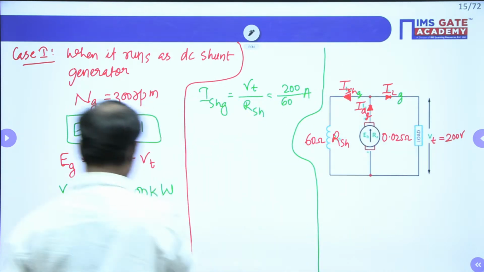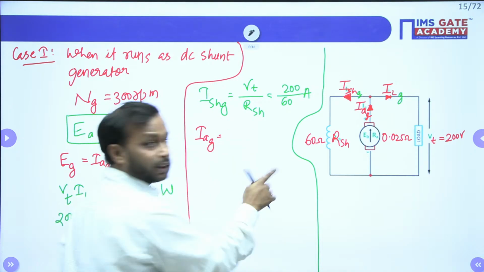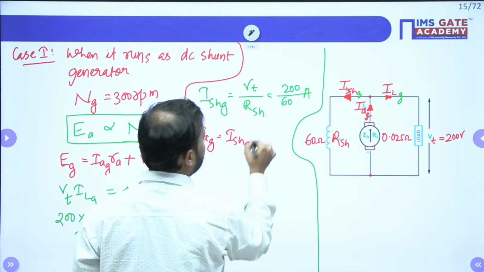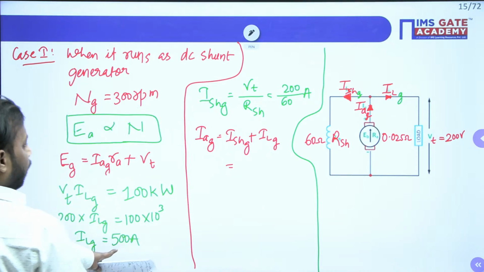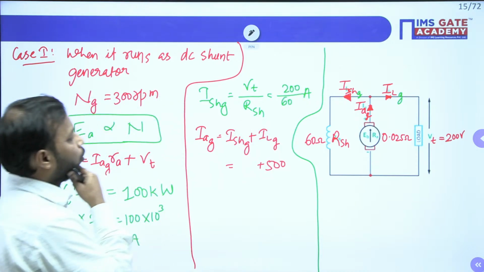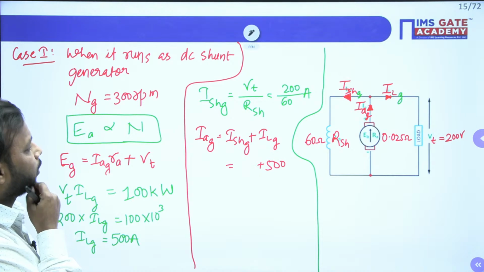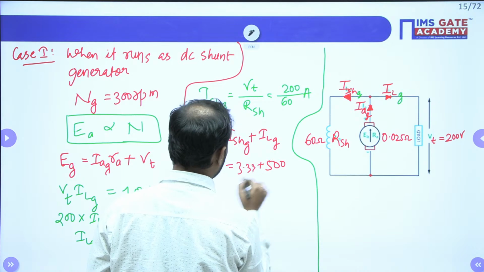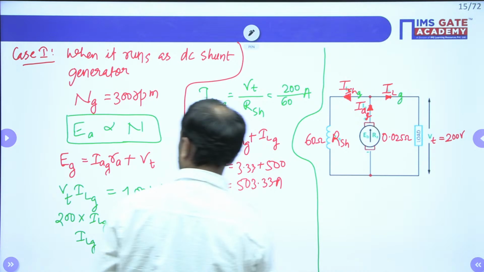Here IAG is equal to ISHG plus ILG, which is 500 plus 200 by 60, so 10 by 3, 3.33. This will become 503.33 ampere.